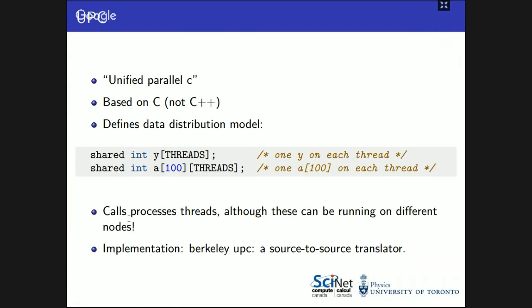But it defines basically a way to distribute your data. It kind of works like this. There's this variable THREADS, or this constant, that always defines how many there are. And if you declare an array that is shared, it basically distributes it over all of the processes. So it's complicated or confusing because UPC calls its processes, the MPI process equivalent, threads.